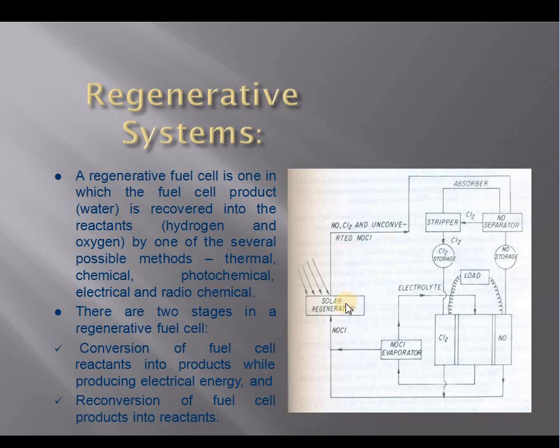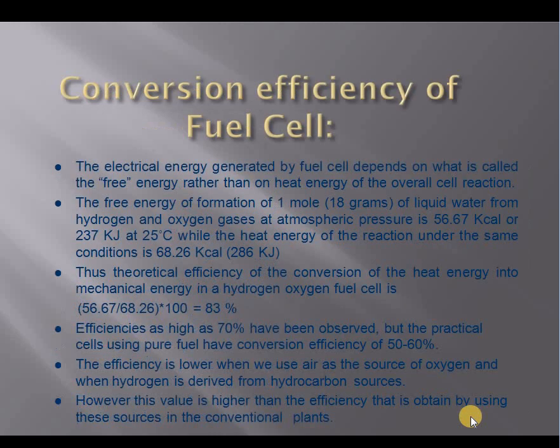This electrolyte goes back to the evaporator and regenerator, and from here it goes to the solar regenerator, then to the stripper and nitrogen oxide separator. There the nitrogen oxide and chlorine are separated, and nitrogen oxide goes to the nitrogen oxide storage, and chlorine goes to the chlorine storage, and again it will be utilized in the fuel cell.